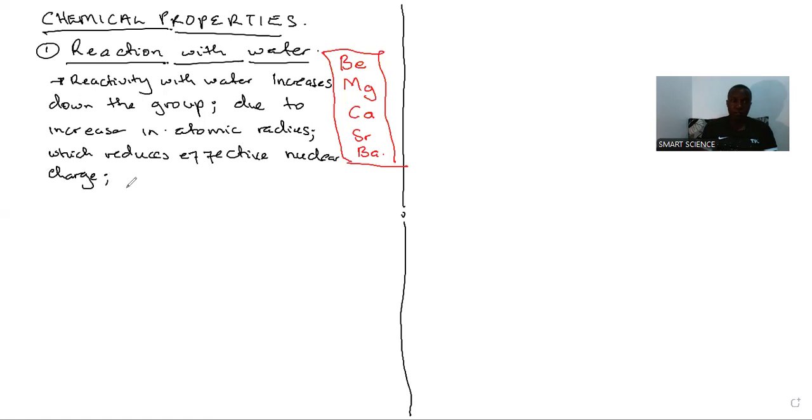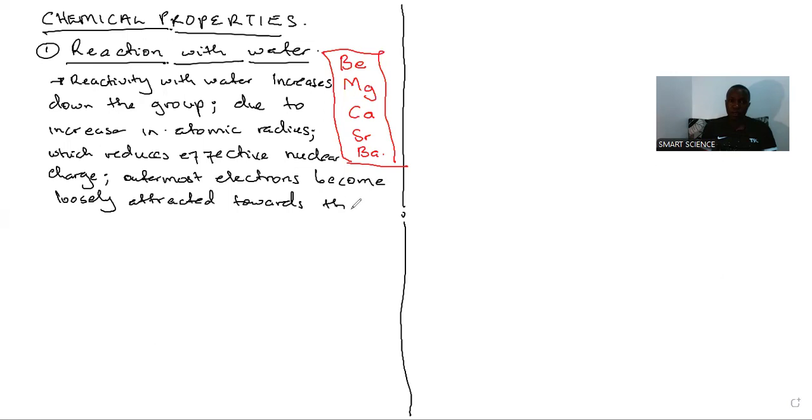And because of this, outermost electrons become loosely attracted towards the nucleus.